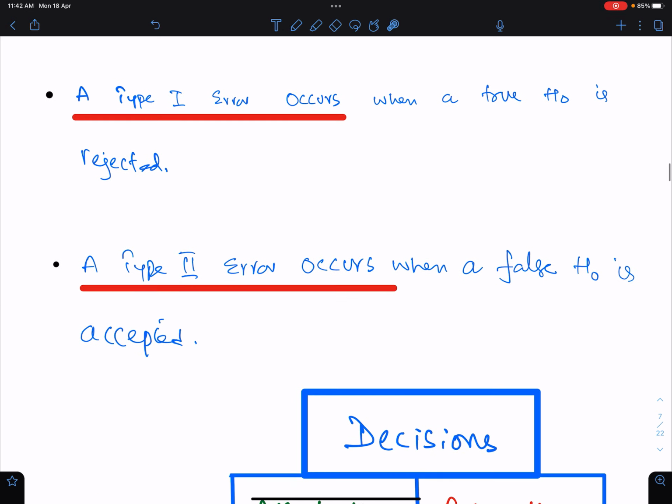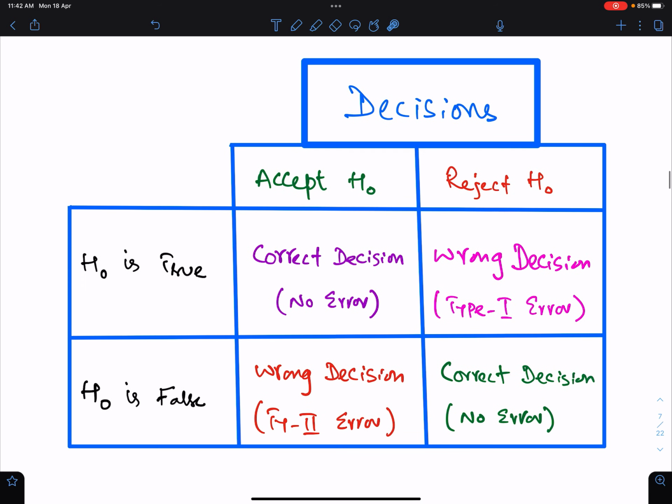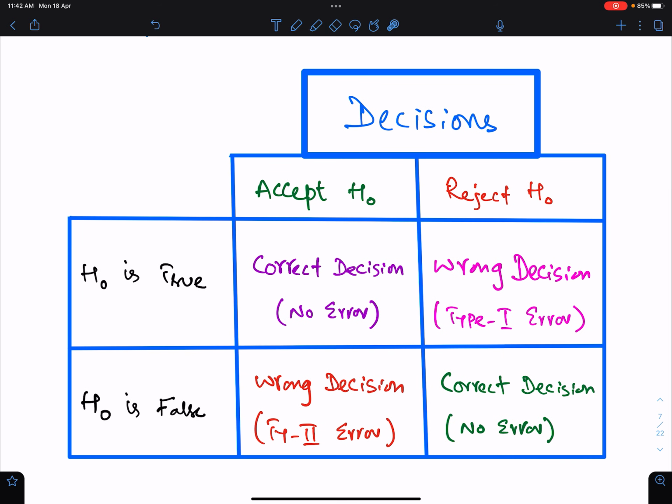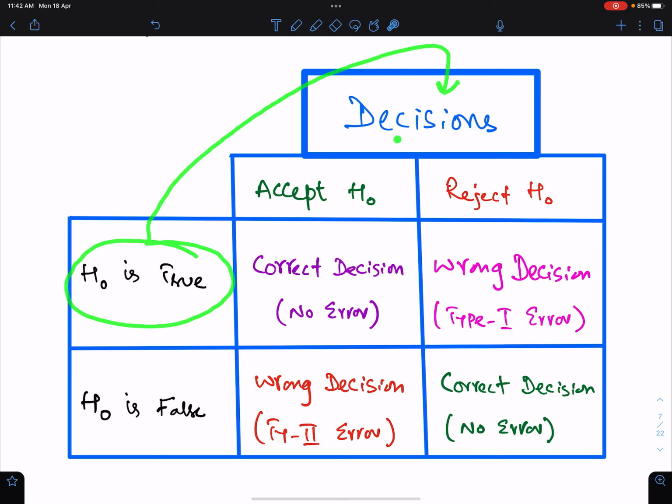You can also understand the meanings of type 1 and type 2 error with the help of this table. Originally H0 is true, and in testing, we have two possible decisions. Number one, if H0 is accepted, then the decision is correct and there will be no error, because originally H0 is true.